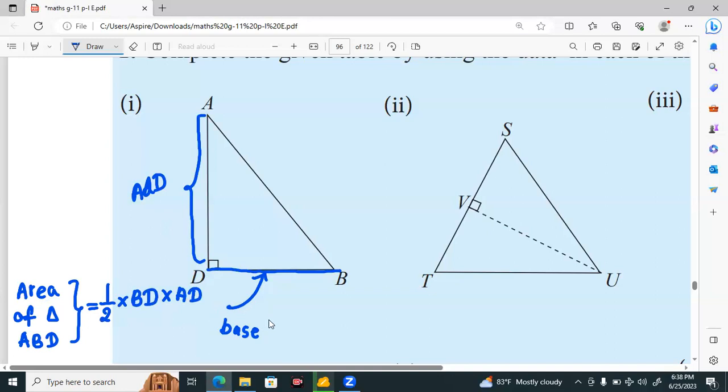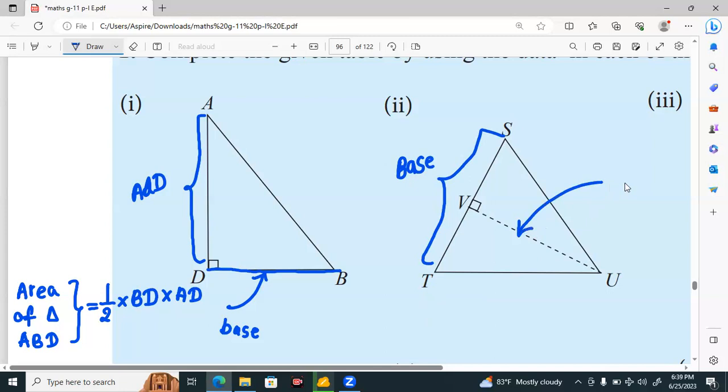Yes. Okay. Then in the triangle STU, look carefully. In the triangle STU, if you consider ST as its base, then tell me what is the perpendicular height?